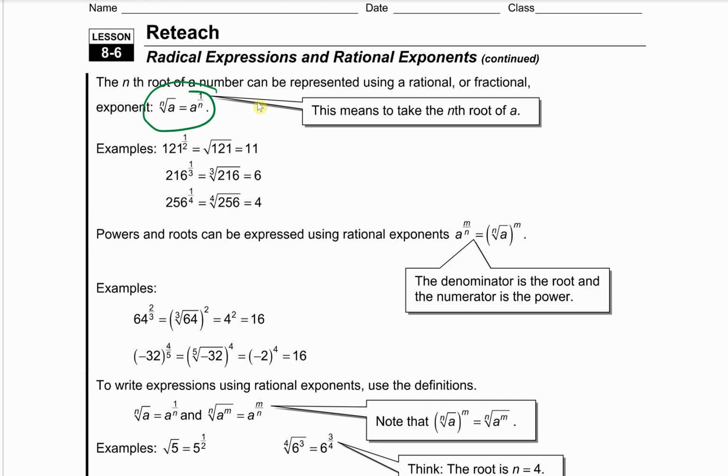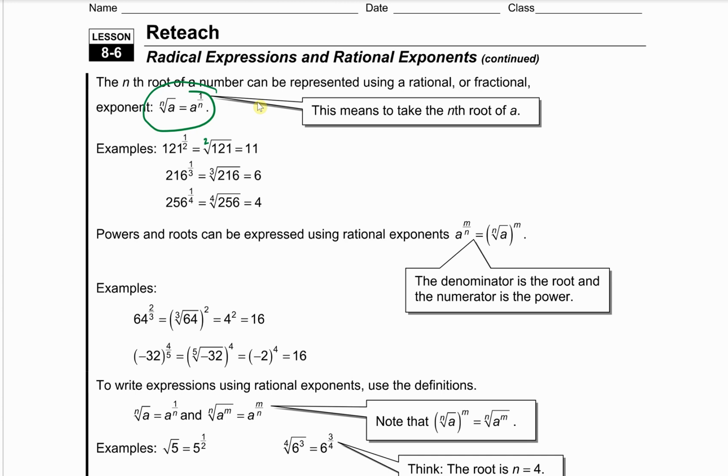So if I have 121 to the 1/2, what I really have is the square root of 121. We don't write an index of 2 with squares, but it is 2, and that's 11. If I have 216 to the 1/3, that's the cube root of 216, which is 6. 256 to the 1/4, fourth root of 256, it's 4.